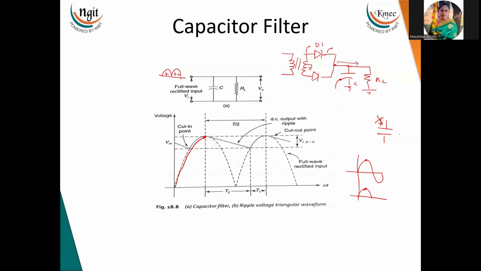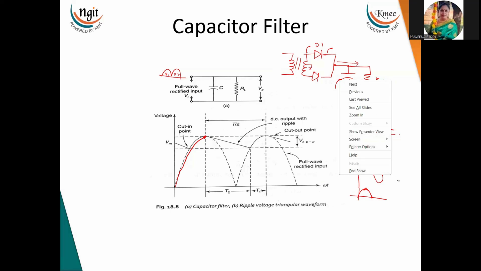But when the input is falling, without the filter the output follows the input. With the capacitor filter, the capacitor is charged to the maximum and will stay at that position. So if the input voltage is reducing, the capacitor voltage will not fall immediately. The voltage is Vmax.